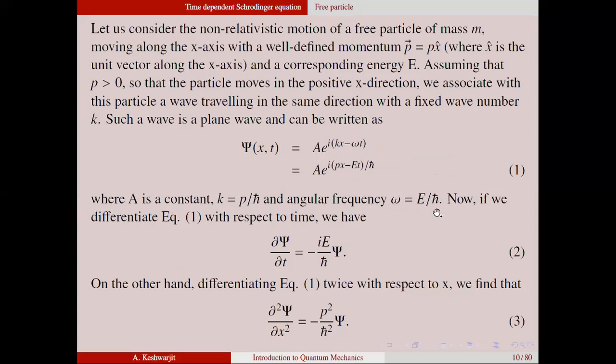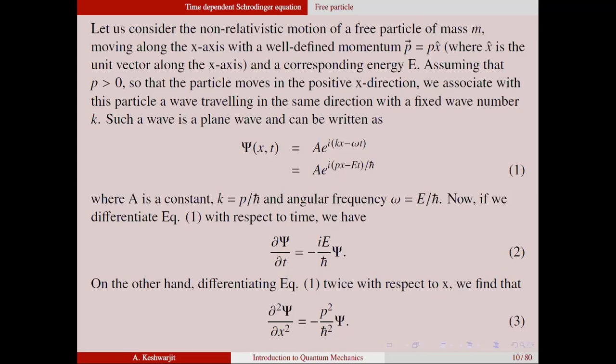Now, if we differentiate equation 1 with respect to time, so let us differentiate this equation 1 with respect to time, you take the partial derivative of this with respect to time.